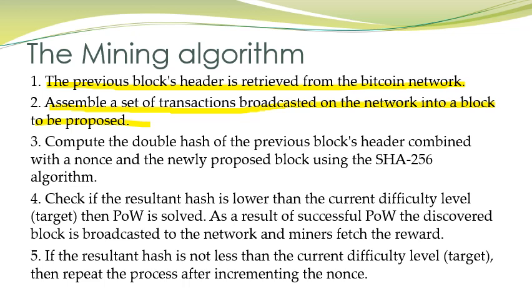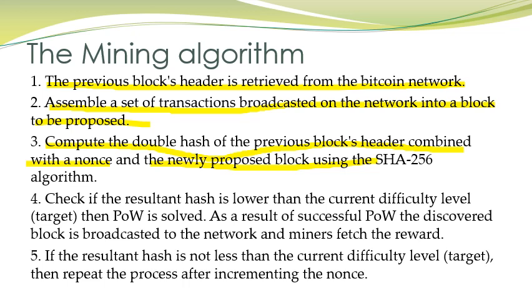Next, the third step, as you can see, is to compute the double hash of the previous block's header. We have to calculate the hash value, and that hash value is calculated with the nonce, as we have seen in the previous slide: the nonce, the hash of the previous block, and the transactions that are proposed to be added in this block.